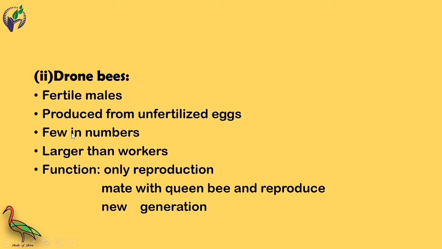They are few in number. The female is only one in a single hive, while drones are few in number. They are larger than workers. As you see in the image, drone size is larger than workers.